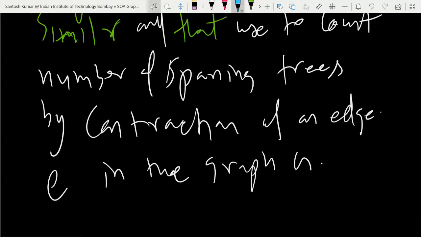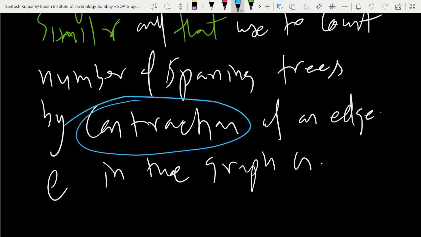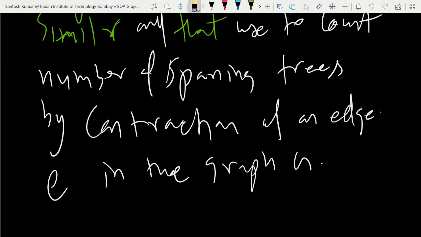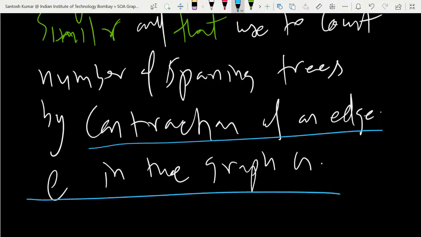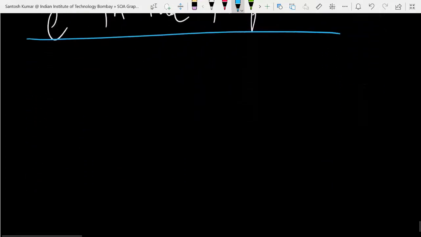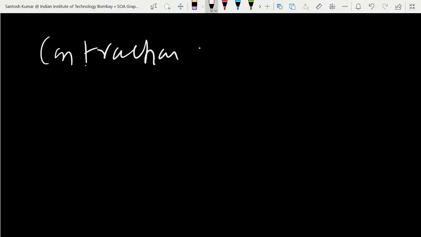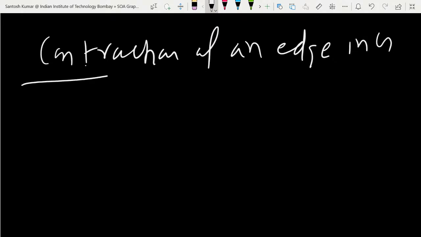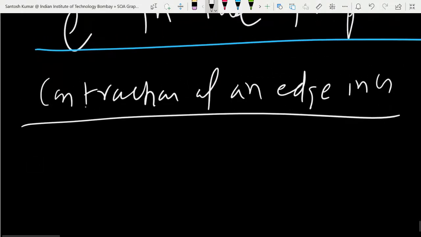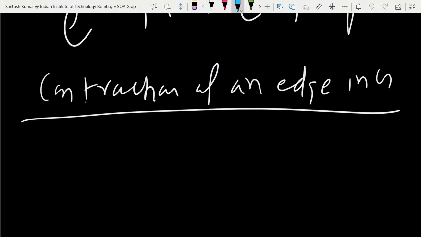So the next question is, what is this word contraction? What is the meaning of contraction of an edge in a graph? Let me first define this, then we'll continue. The next term is contraction of an edge in G. Do you have any idea about this word, contraction?